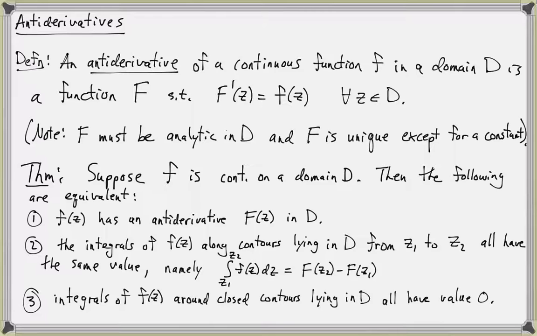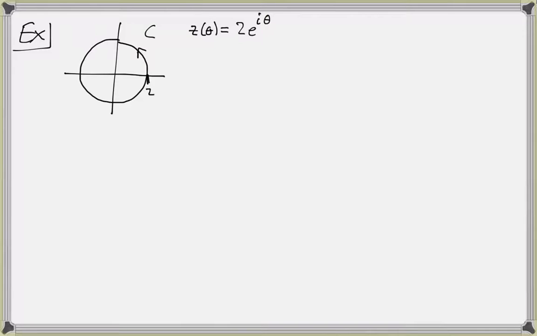So let's look at an application of this theorem. Suppose I have a contour C, which is the circle centered at the origin with radius 2. So this is the contour C, and C is given by the parameterization z of theta equals 2 e to the i theta for theta between 0 and 2 pi.